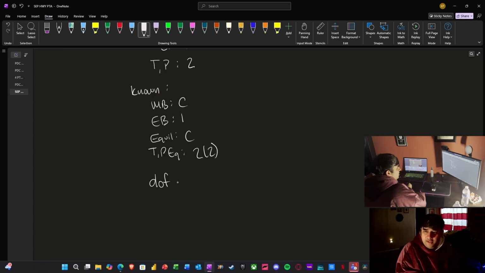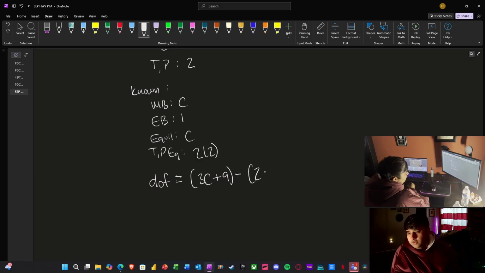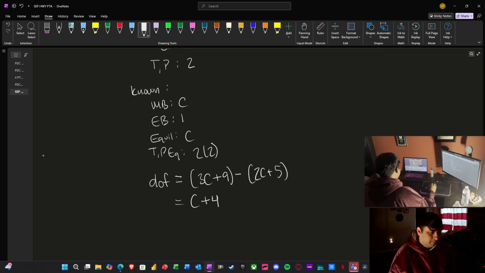So for our DOF, we are left with 3C plus 9 minus 2C plus 5, which we're left with C plus 4.